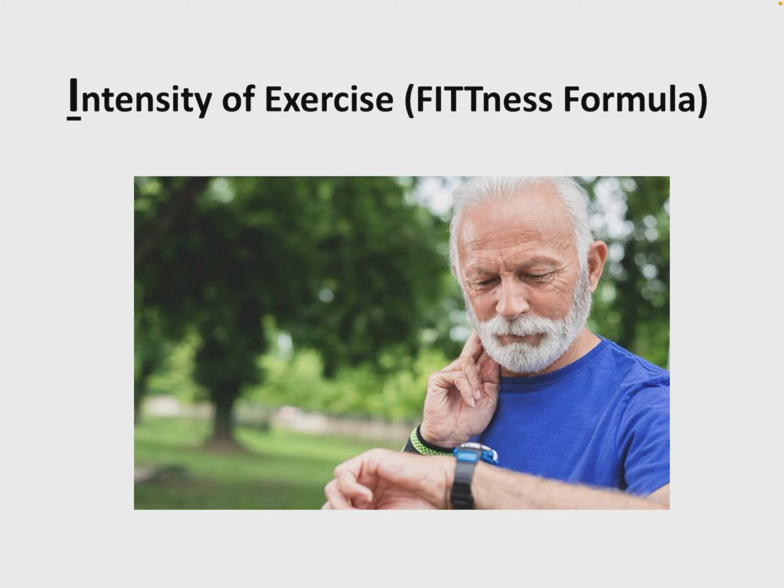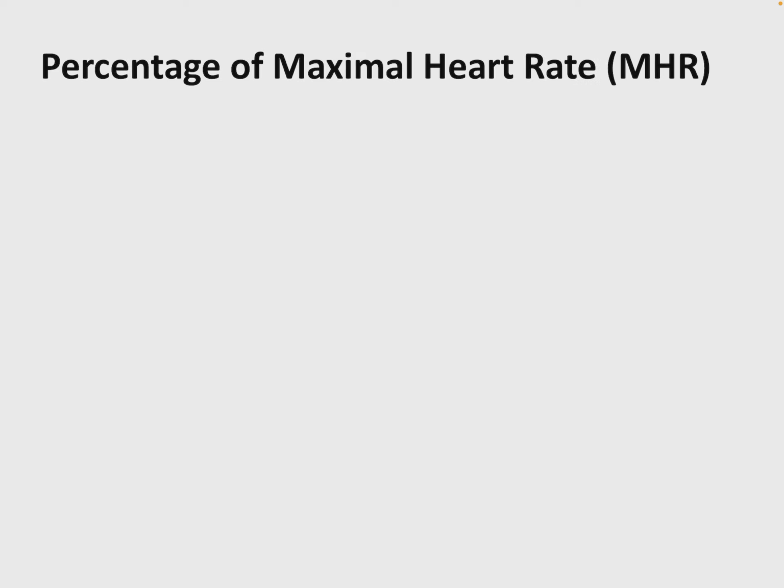So the solution to this problem is that we use age prediction equations. And we're going to look at several of these different formulas. The first one we'll talk about is percentage of maximal heart rate. Again, most people don't know what their max heart rate is. They haven't exercised to their absolute maximum intensity and taken their heart rate at that moment.